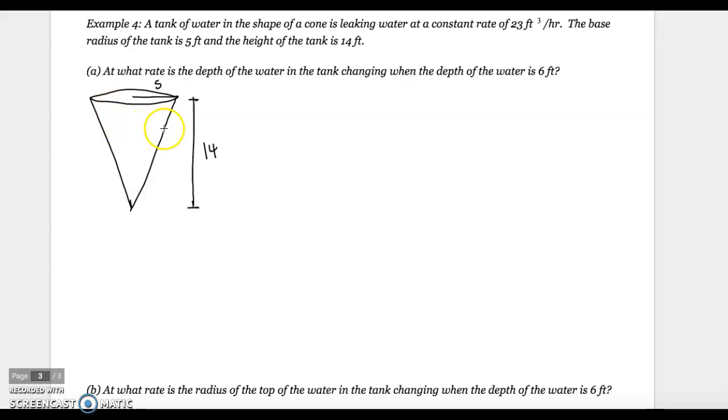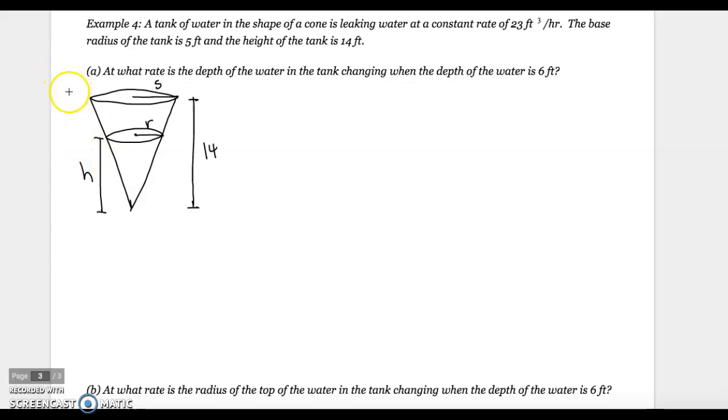If this was filled up with water, that means your water is going to also have a radius that's changing, but we don't know necessarily what's happening there. And the height of the water would be changing as well, because water would be leaking out of the bottom.